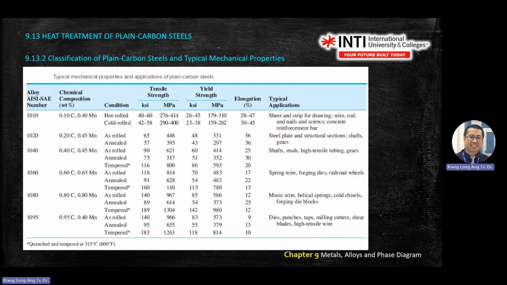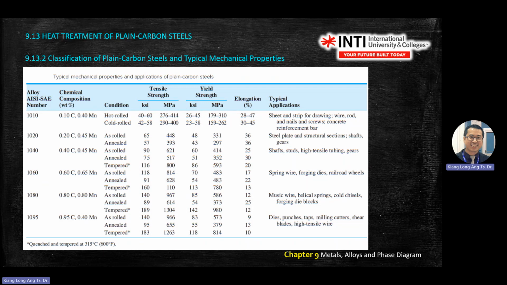What is important is that by the end of this lecture, or after you pass this module, you should be able to know that there's a code for the steel. If you buy steel, you work as an engineer, you need to order carbon steel. So there are codes there. This is the AISI SAE code, and you can find this one in the encyclopedia.